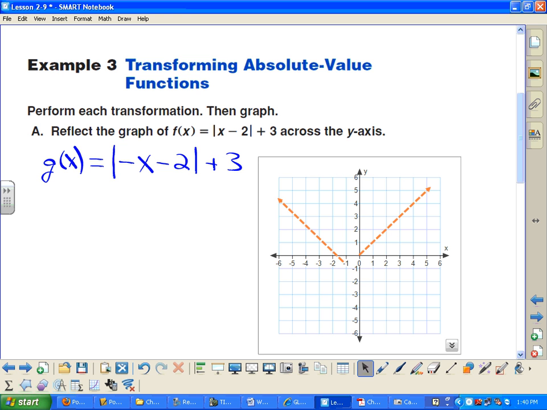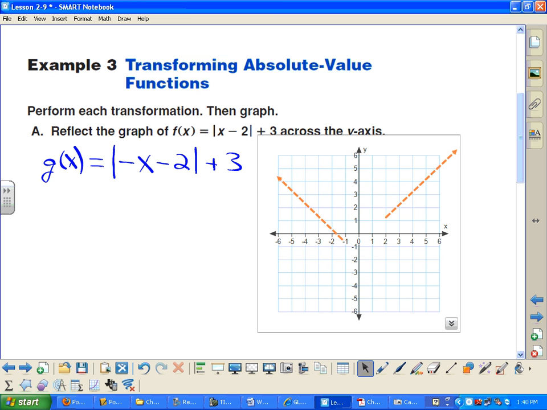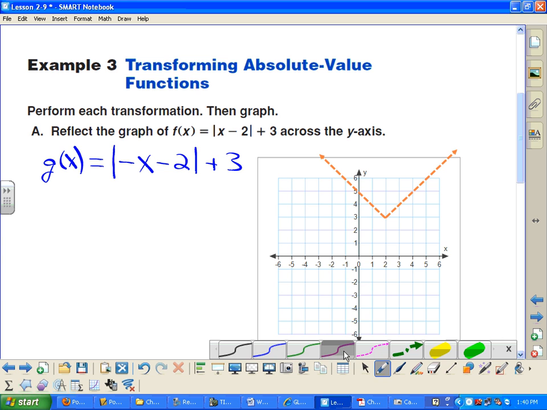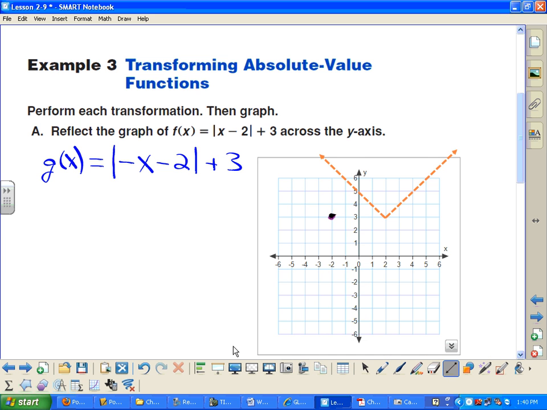So if we go over here to +2, +3, there's our original, correct? Now, if I reflect it over the y-axis, that means our vertex should now be where? -2, 3. So our vertex is going to be here at -2, 3.